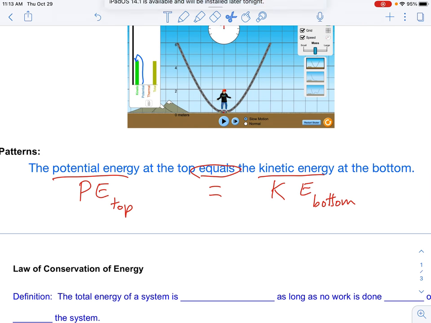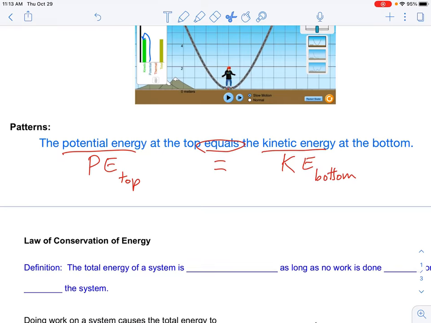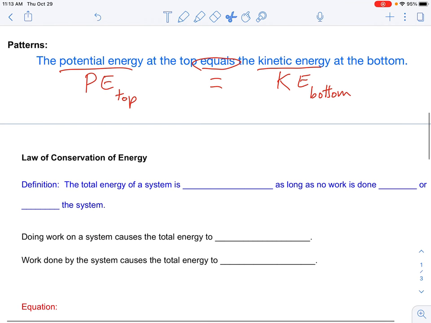Let's bring the KE a little closer. There. Okay. So now this leads us to the law of conservation of energy.